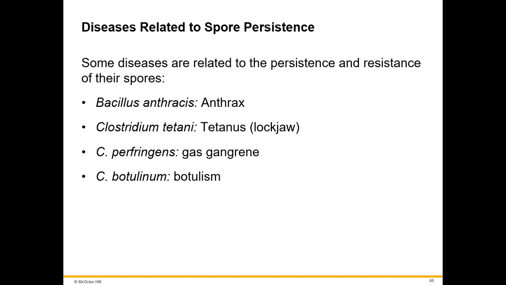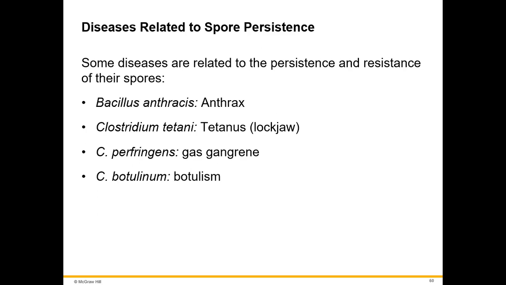Diseases related to spore-forming bacteria. Keep in mind, these are all gram-positive bacteria. You've probably heard of these. Bacillus anthracis causes anthrax. Clostridium tetani has a neurotoxin that it secretes. It causes tetanus or paralysis.